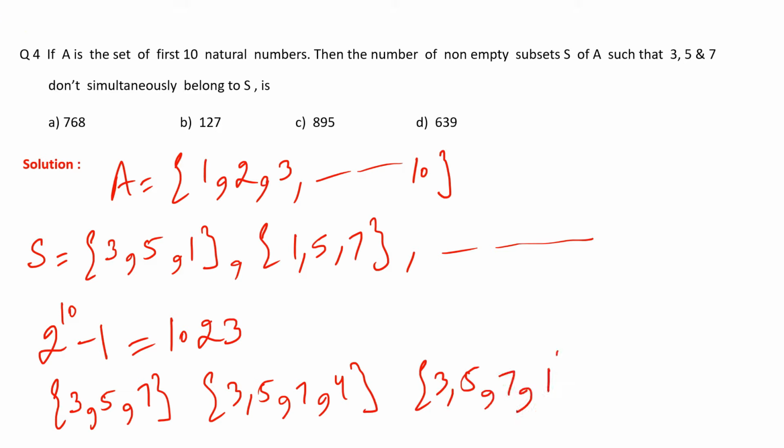The number of elements in this subset may be 3, maybe 4, maybe 5. Obviously, it should be at least 3, but it can go till 10 elements. And what should be the common point in all these subsets? 3, 5 and 7 will always occur in them. Are you getting my point?